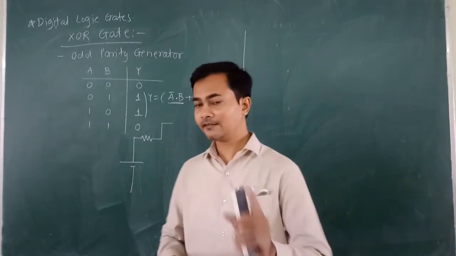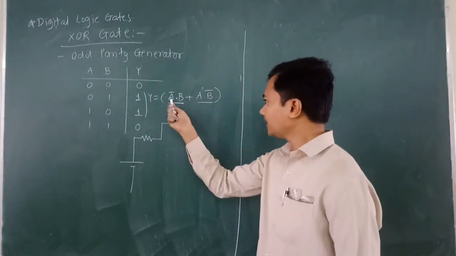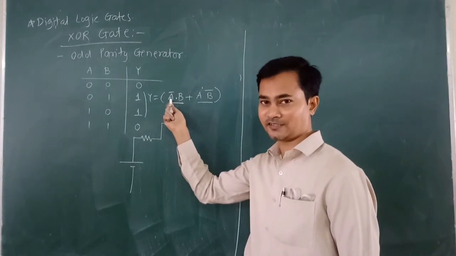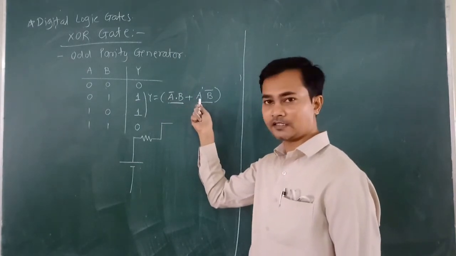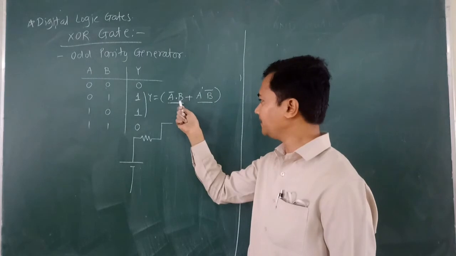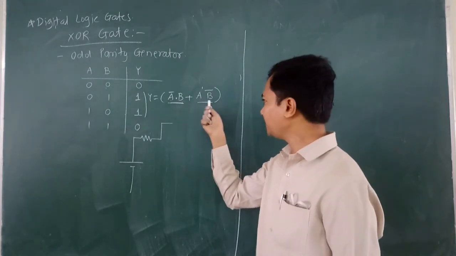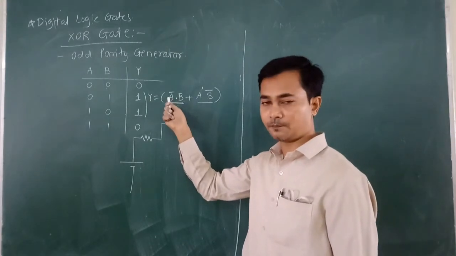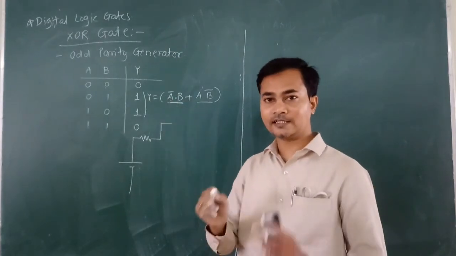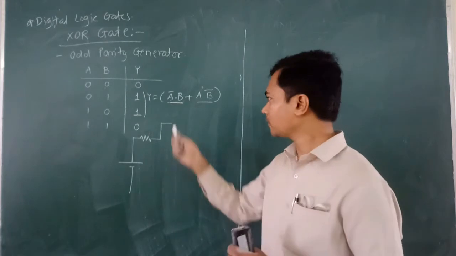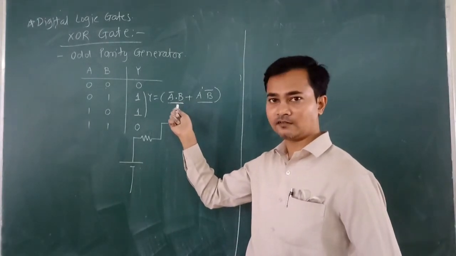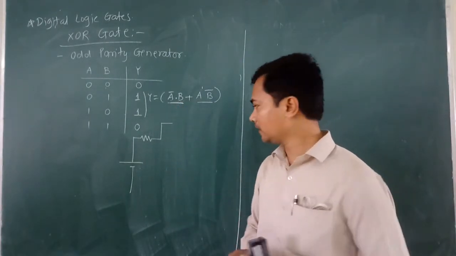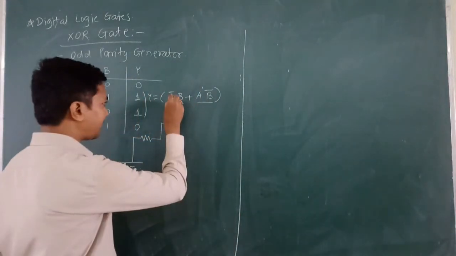Here it is the same thing. A bar means NC type switch, and A means NO type switch. B means NO type switch and B bar means NC type switch. For the complement of the input, take the NC type switch, and for the simple signal take the NO type switch.